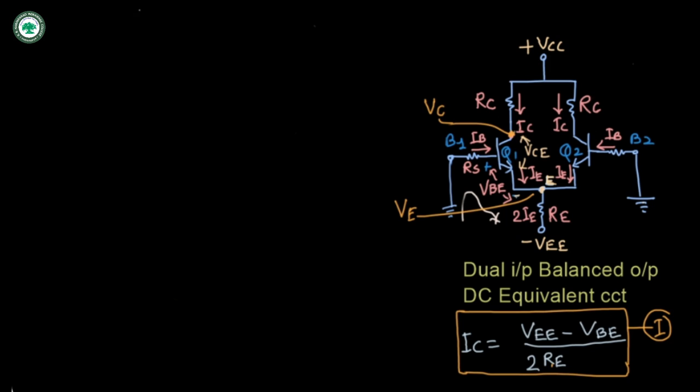Let us now consider the collector side loop. Now we are interested in finding out this VC, therefore this collector point voltage will be VC, the emitter point voltage will be VE, and the difference between VC and VE will be VCE, which is shown here. Now let us apply this KVL to the collector loop.